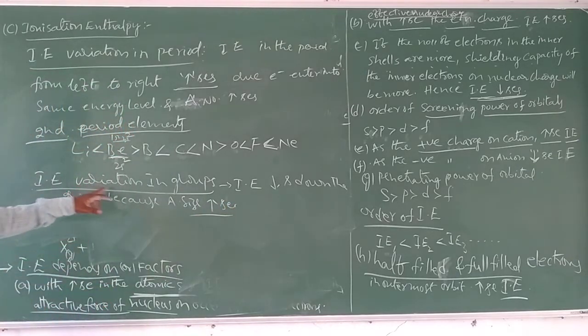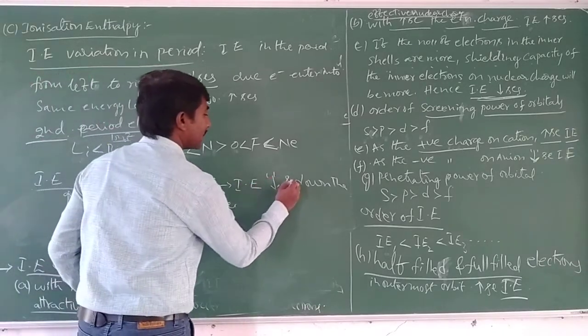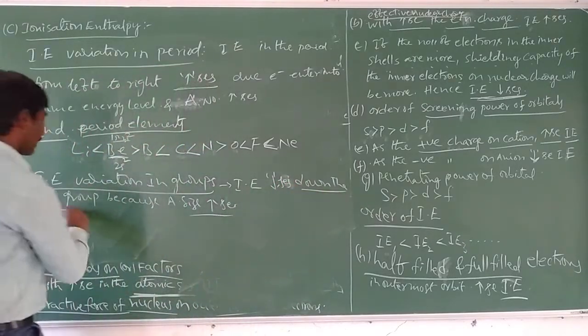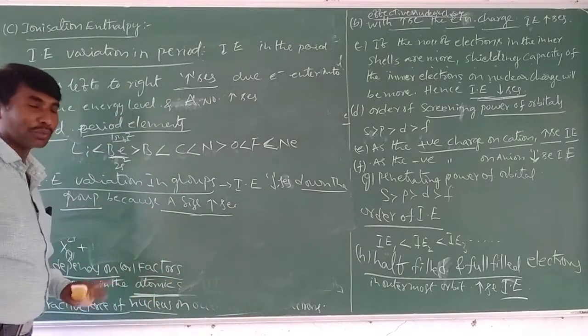So in a group, what happened? Ionization enthalpies decrease down the group because atomic size increases in the same group.